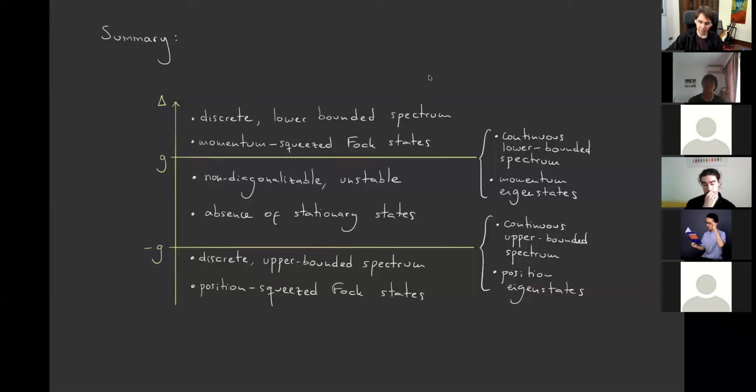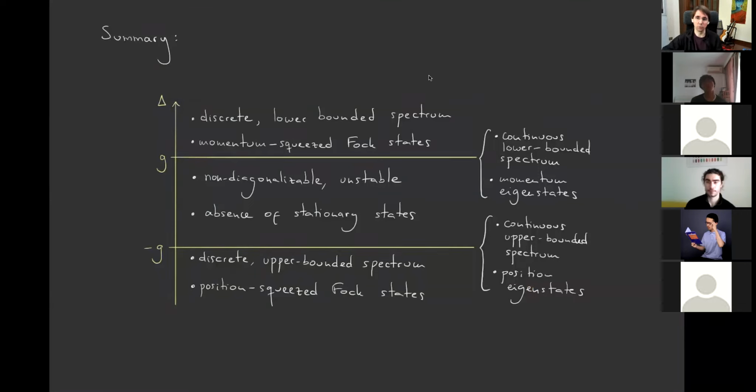And then if you go below, you again get a discrete spectrum, but now it's upper bounded instead of lower bounded. And the eigenstates of the Hamiltonian are Fock states, but position squeezed. So this summarizes the whole physics of this down conversion Hamiltonian under the parametric approximation.